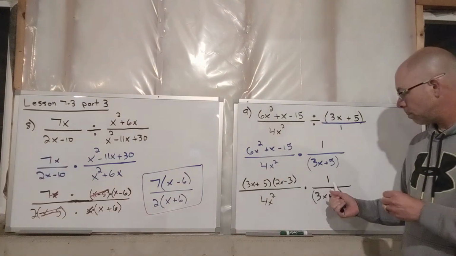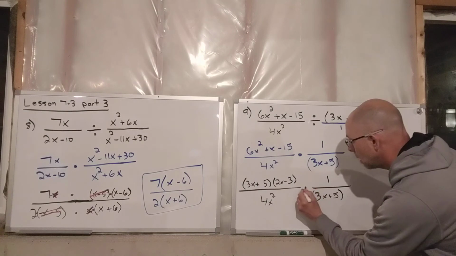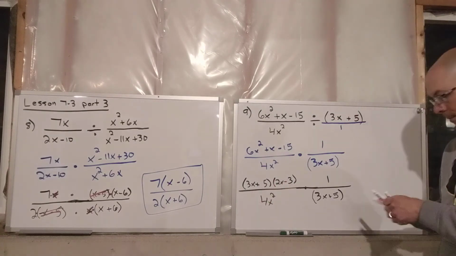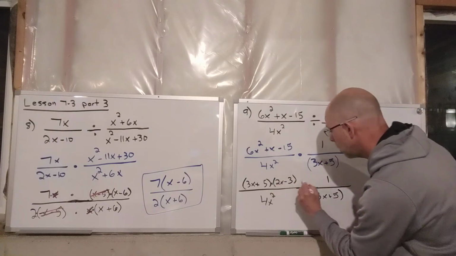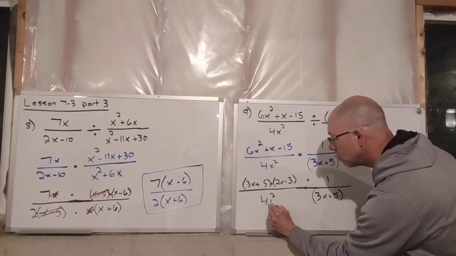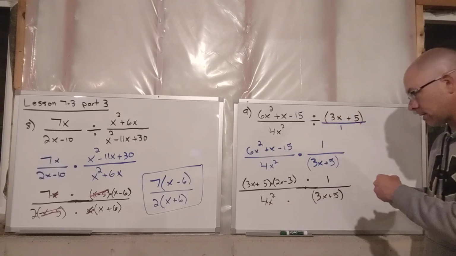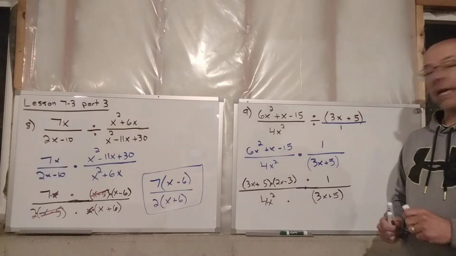Now I want to talk groups and anything I can reduce. Now, when it's times, it's one fraction. Remember? All top, all bottom. My multiplication symbols are here and here, between the 4 and the x squared, and that's it. There's not a lot this time. And I reduce what I can.